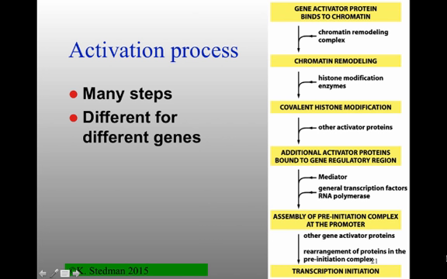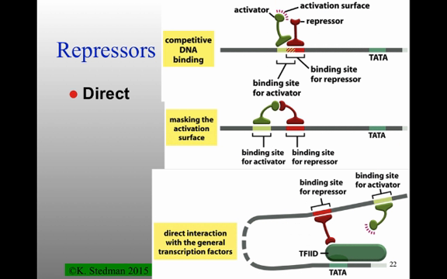And very often this will be a rearrangement of the proteins, moving them around in the actual complex until you get an open complex, and eventually an elongating RNA polymerase.